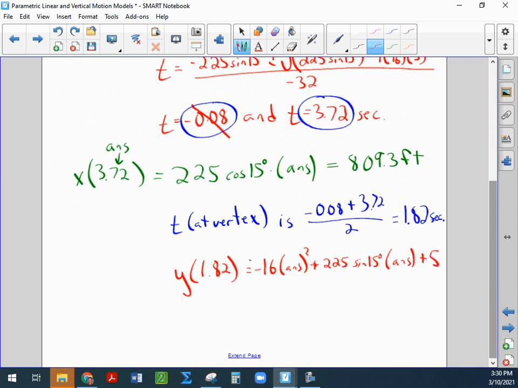So I could do it that way. Just going to plug that into the calculator. Use the answer key. And I got about 58 feet.